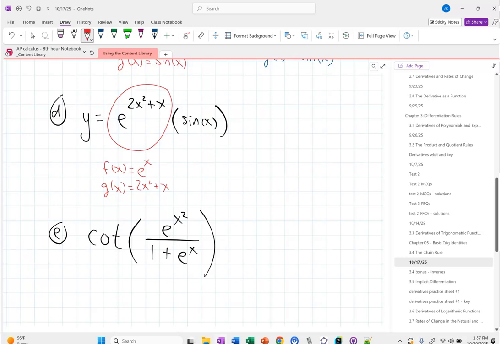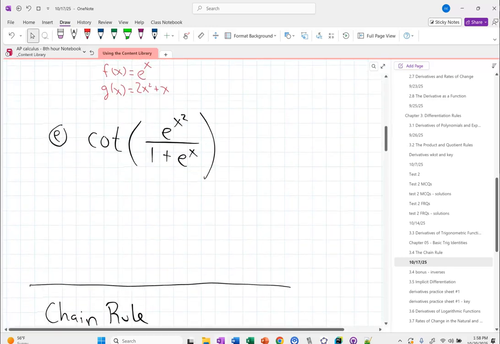I can do e to the x, and I can do 2x squared plus x, but I don't know how to do e to the 2x squared plus x yet. I can do this part, I can do that part, but I don't know how to do that yet. But the idea is we want to break these compositions apart into things that we know how to take the derivative of. Does that feel okay?